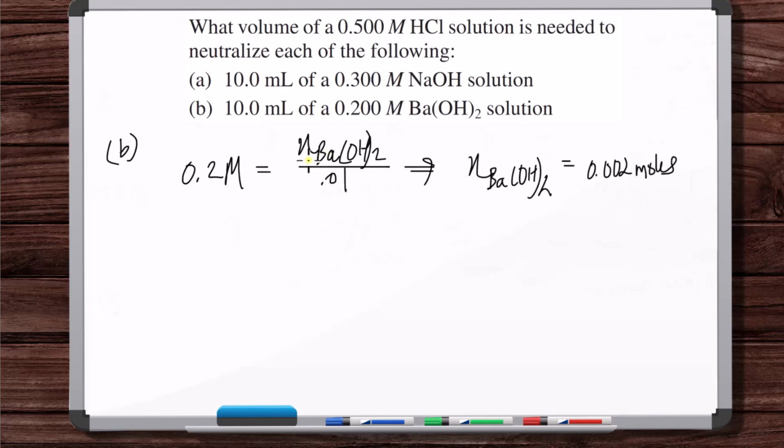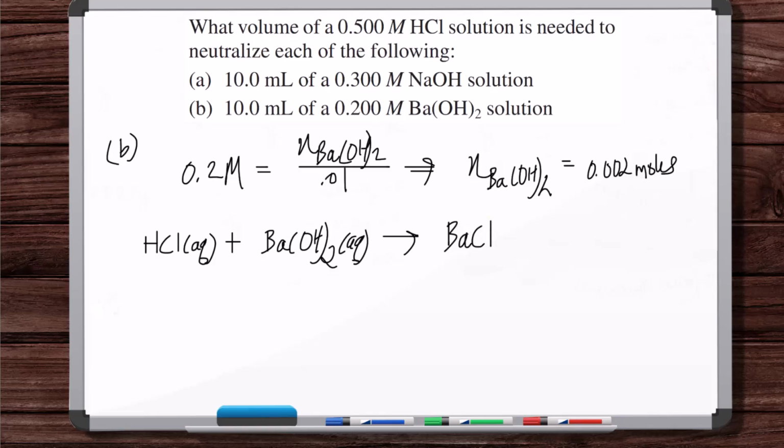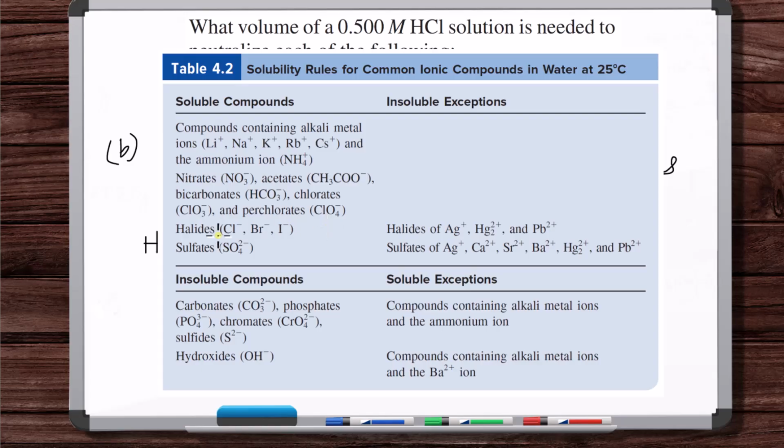Okay, now let's write out the molecular equation. So we've got HCl plus barium hydroxide, then the salt is going to be barium chloride, which we could check on the solubility chart. Why not? So all halides are soluble and barium's not an exception.